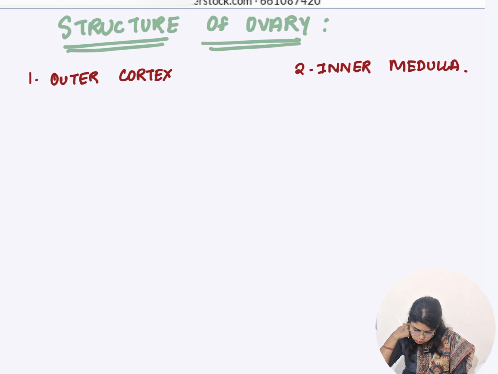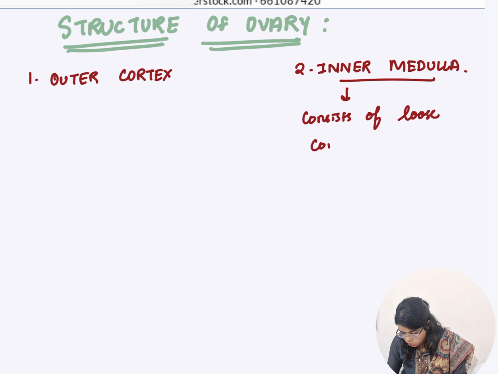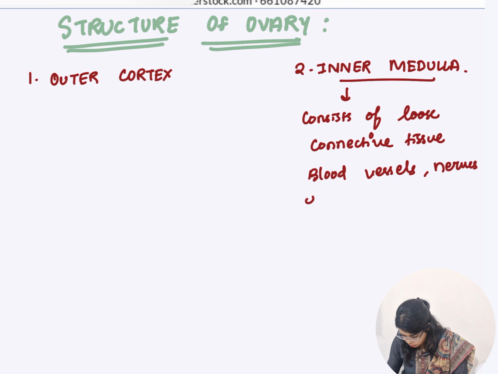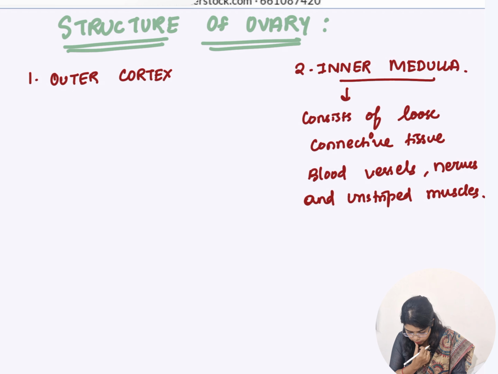The inner medulla consists of loose connective tissue, blood vessels, nerves and constricted muscles. Okay, that is the inner medulla.